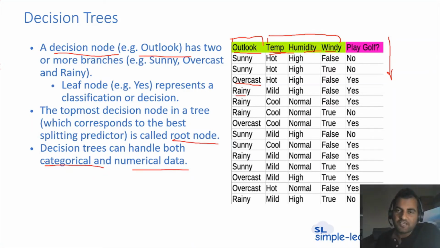Basically you can see here in this example, the outlook is sunny, the temperature is hot, humidity is high, and it is not windy. Then in hot conditions, can you play golf?